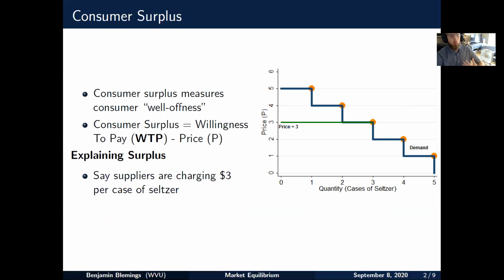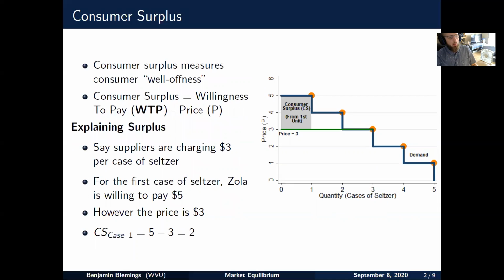Let's look at just what buying that first seltzer would mean for Zola. She values it at and is willing to pay $5 for it, but she only has to pay $3 for it. So her surplus from buying that first unit is 5 minus 3 equals 2 units of surplus. And now let's look at the second one.